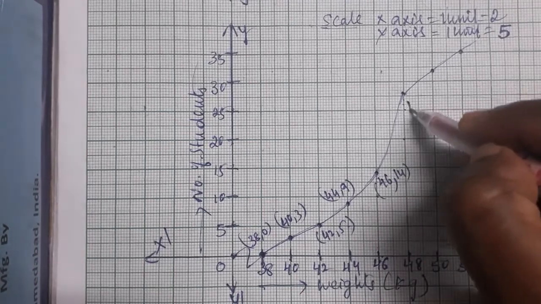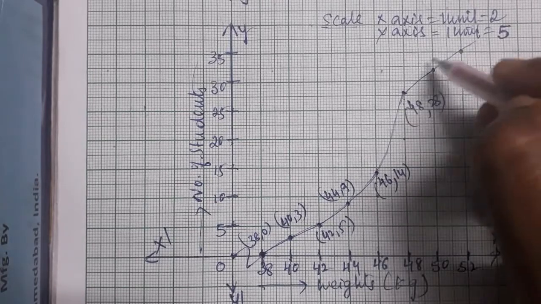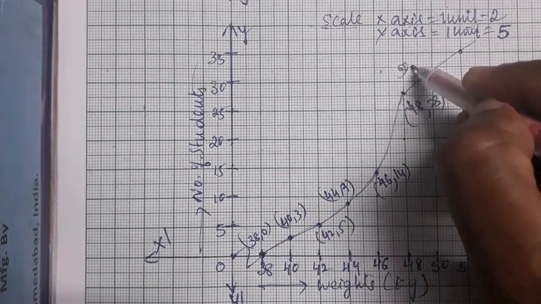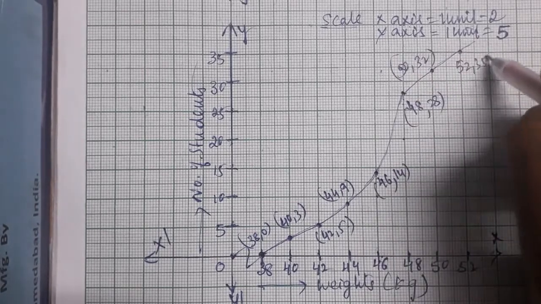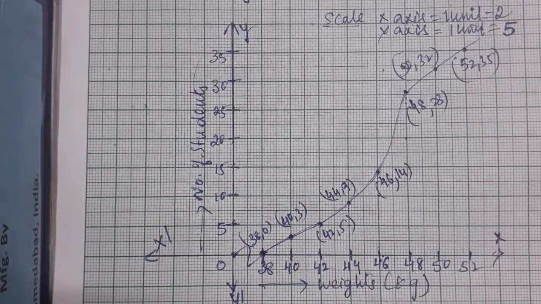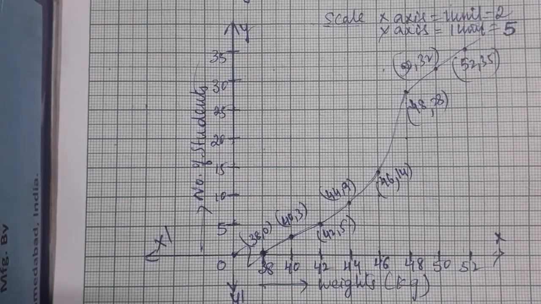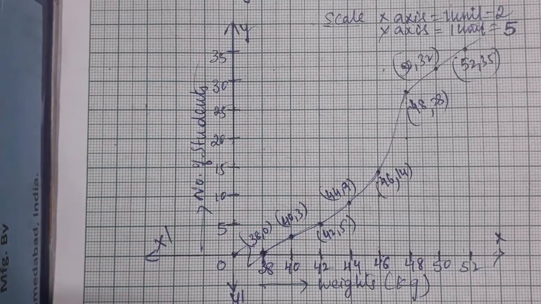Next reading is 48, 28. Next reading is 50, 32. The last reading is 52, 35. Your ogive is ready. Now you have to identify the median using this graph. To identify the median, n is required.